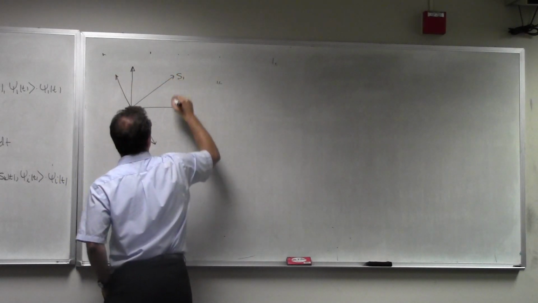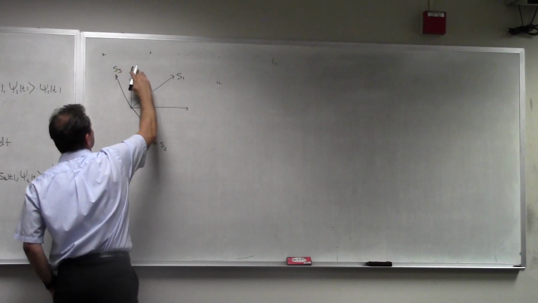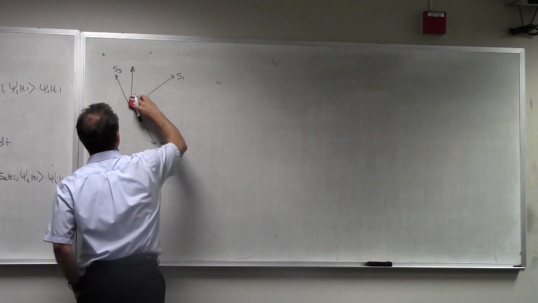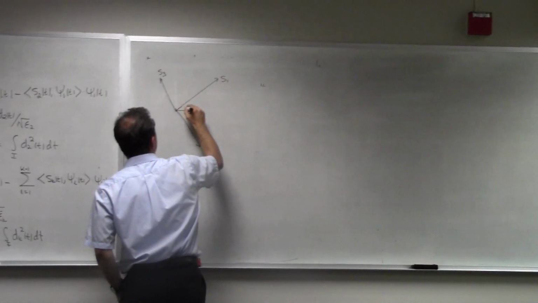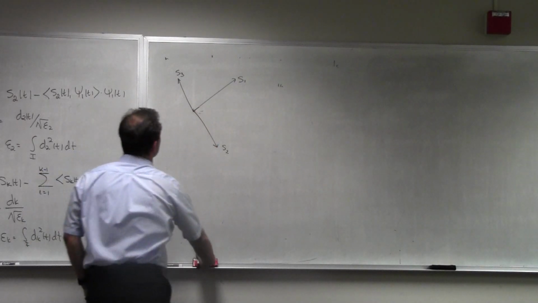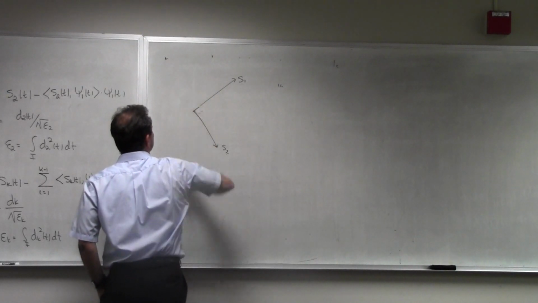This is S1, S2, S3. As a matter of fact, I don't need to give you all of this. Just 3 vectors. And here's what I ask: find if these are independent and what is the basis of this vector space.